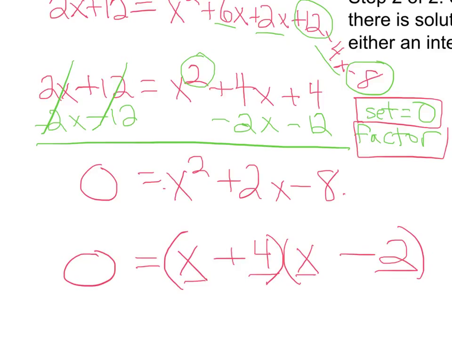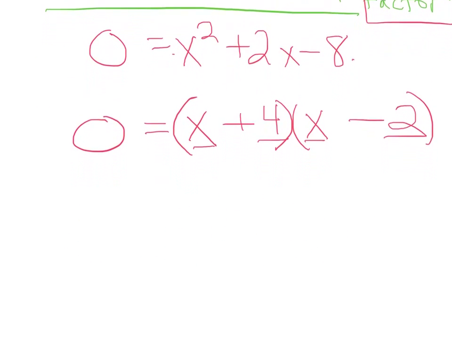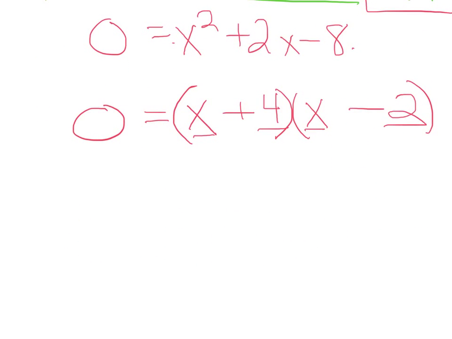So positive 4 and negative 2. Then we just want to solve this. Anytime you've got the 2 parentheses equal to 0, one of those 2 needs to be 0. So x plus 4 equals 0, or x minus 2 equals 0.